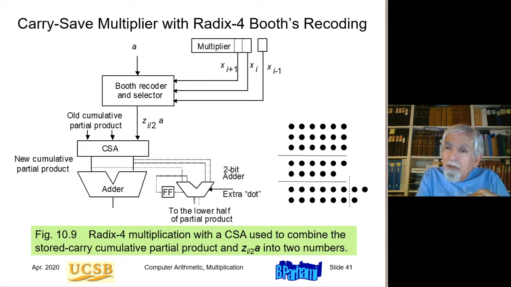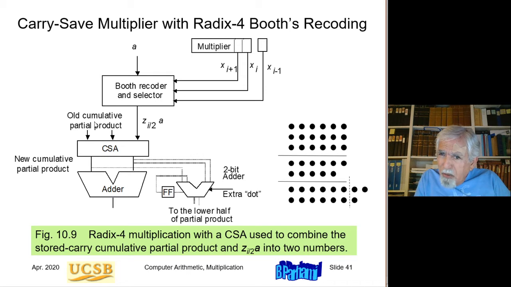I can use this carry save idea with Booth multiplication. So here is the Booth multiplier where I have the Booth recoder box up there, looking at 2 bits of X and 1 bit of context. I decide what multiple of A should be added and form that multiple according to what we discussed before.